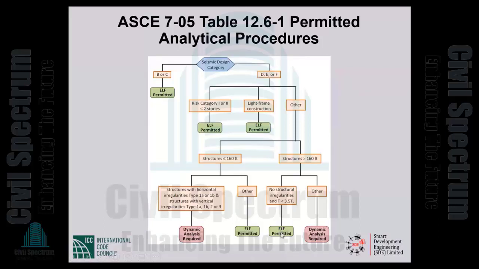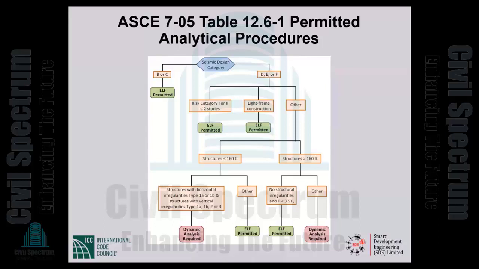You will be allowed to do equivalent lateral force procedure only if your structure has no structural irregularity, and in addition, the period is less than, not even equal to, 3.5 times the transition period T sub S, which is T sub C of BNBC. It is S sub D1 over S sub DS. Typically, T sub S is about 0.5.